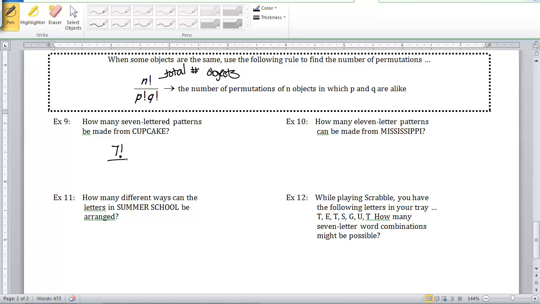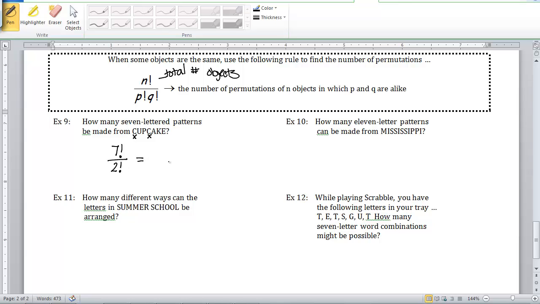In the denominator, the P factorial and the Q factorial were the repeats. The letter C appears twice in the word cupcake. It repeats, and so we have 2 of a letter repeating.